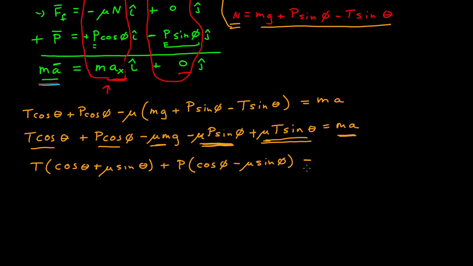And then I have a minus mu mg, and that's equal to mass times acceleration. And now my acceleration then is simply this whole term divided by both sides by mass, and so my acceleration is equal to this.